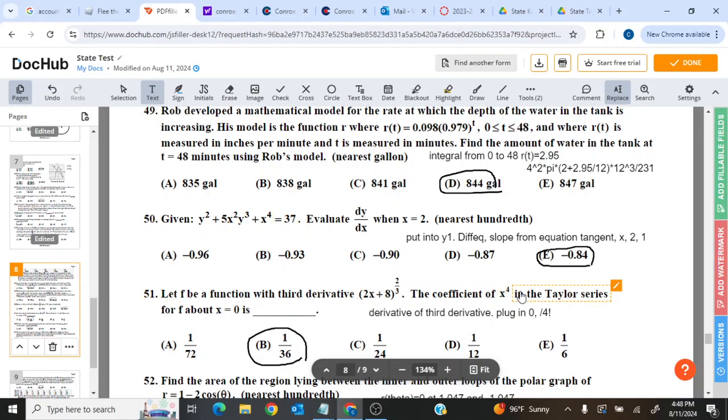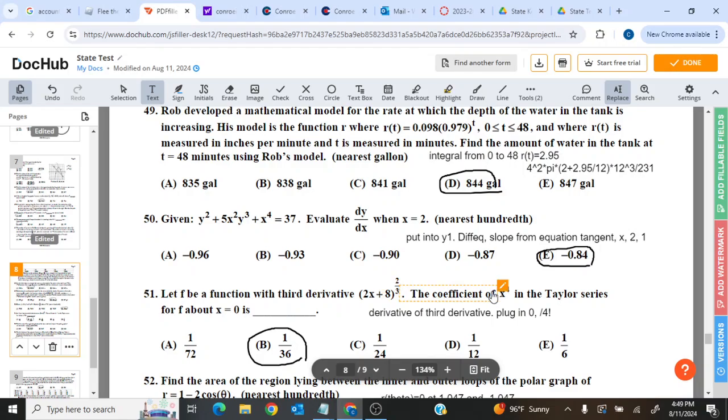The x to the 4 coefficient about x equals 0 is equivalent to the fourth derivative of your function over 4 factorial. So you're looking for the derivative of your third derivative to get your fourth derivative. So take the derivative of that equation at x equals 0.